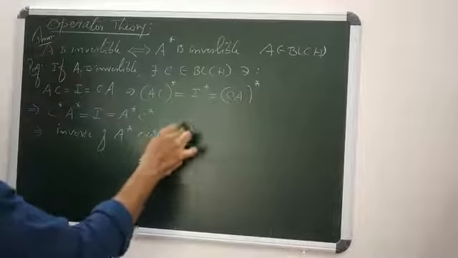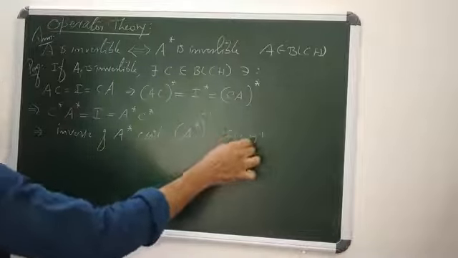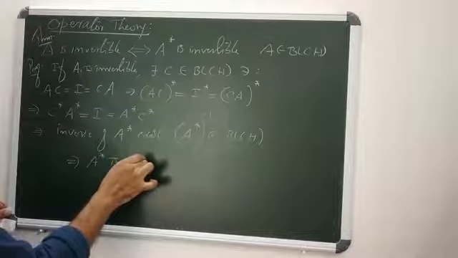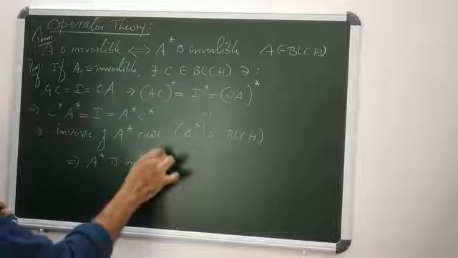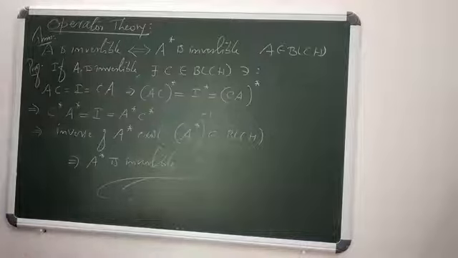Moreover, this A star inverse falls in BLH. So that implies A star is invertible. Okay, so when A is invertible, A star is invertible. So the first part is finished.